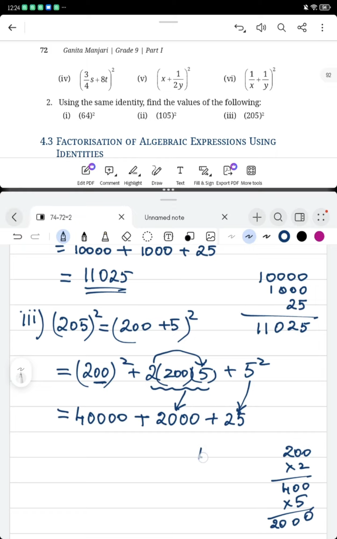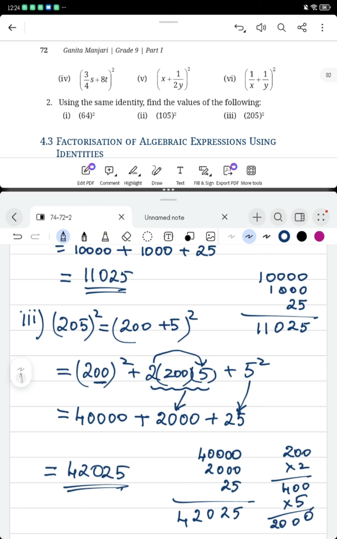Now addition: 4 followed by 4 zeros plus 2 followed by 3 zeros and then a 25. So the answer is 42,025. This is your answer.